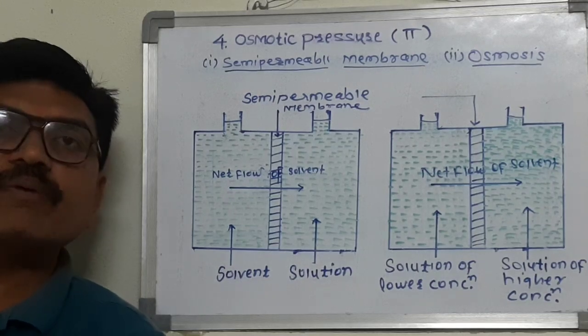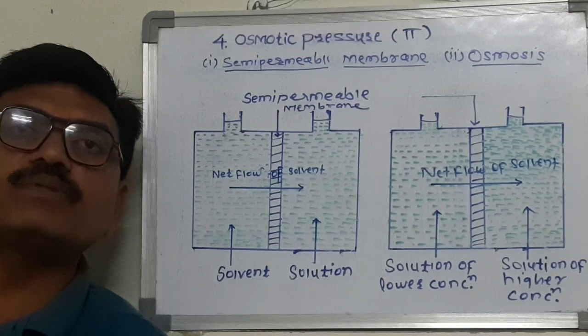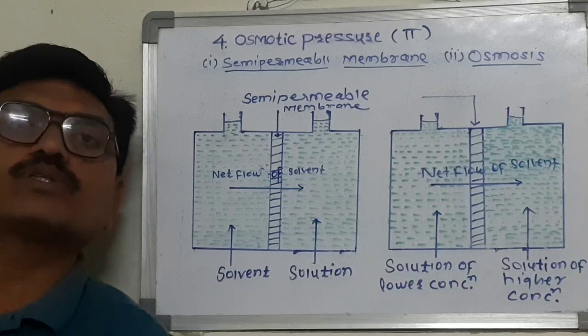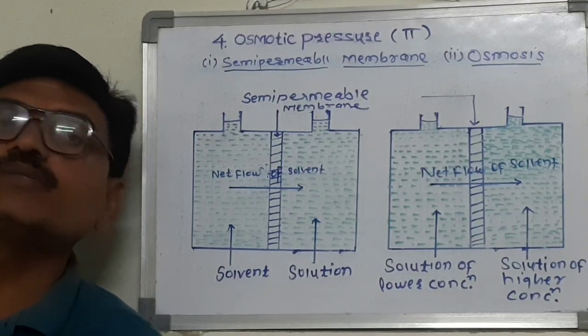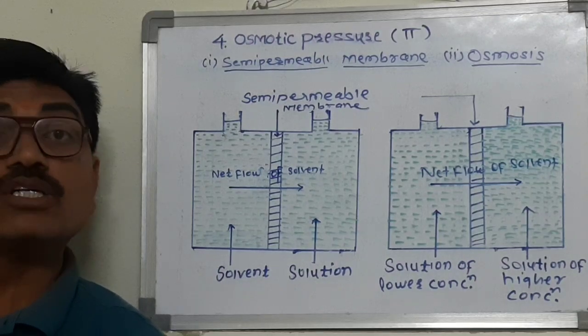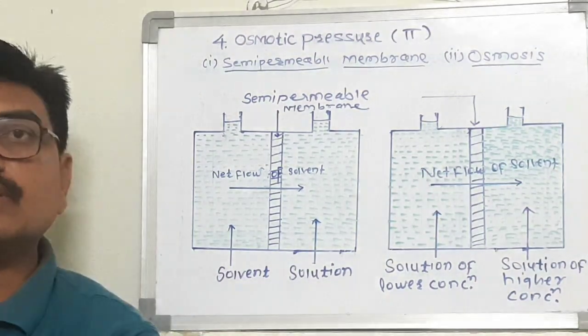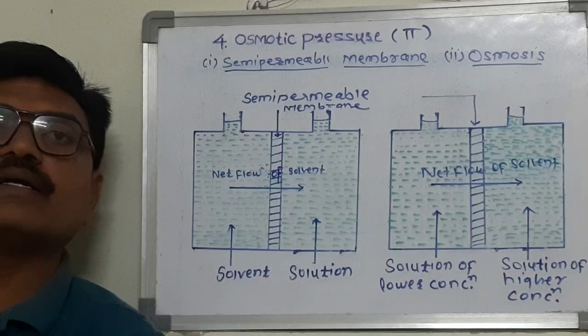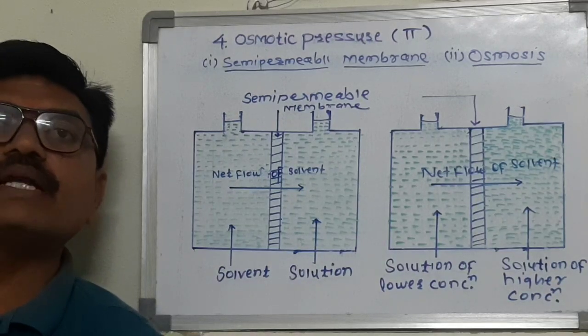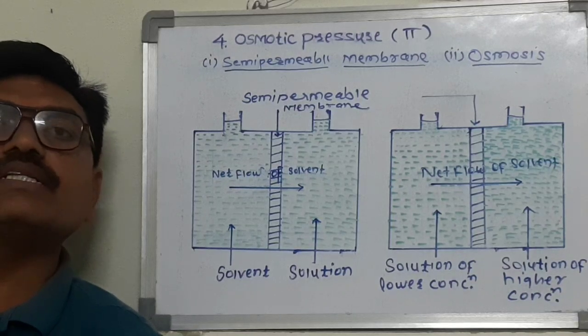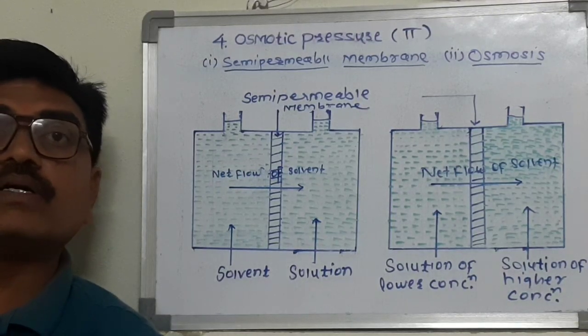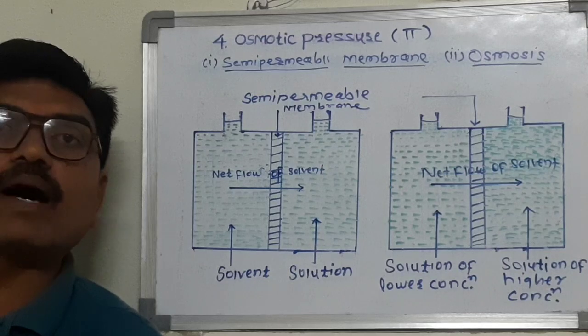This membrane consists of smaller pores, through which the passage of solvent molecules is possible, but not that of the solute. So a semi-permeable membrane is a thin film or membrane which allows to pass through it only the solvent molecules, but not the solute particles.